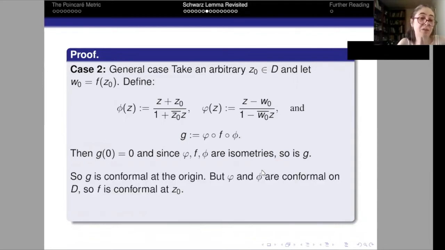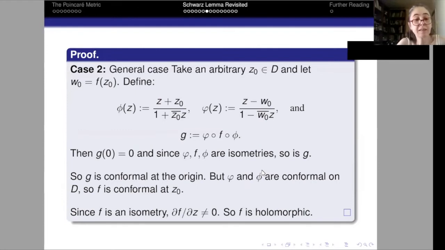This means that g is conformal at the origin, but phi and psi are conformal on the whole disk, so f is conformal at z0. Since f is an isometry, the derivative with respect to z is different from 0 at every point, so f is holomorphic.